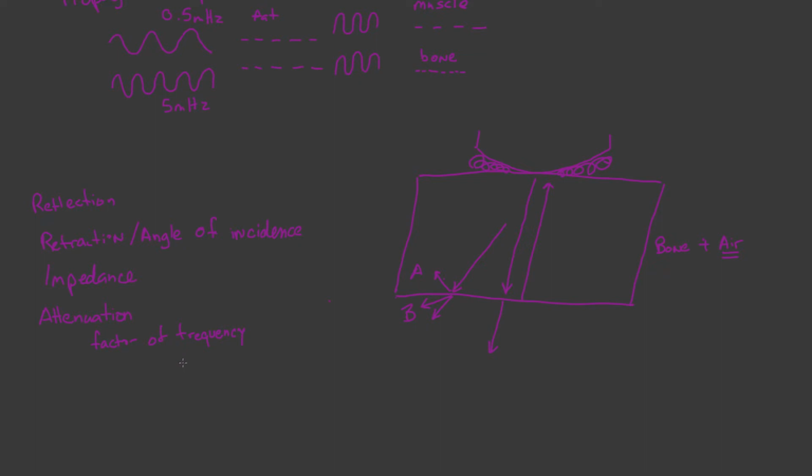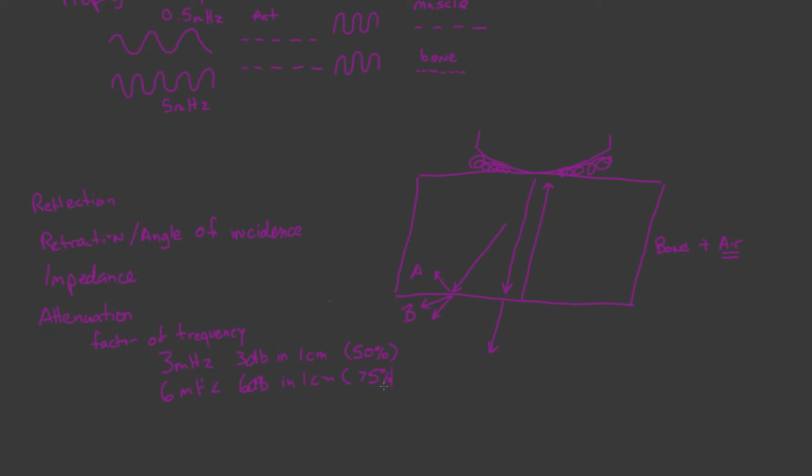So a 3 megahertz probe, or a 3 megahertz signal, will attenuate by roughly 3 decibels in 1 centimeter, which is a loss of about 50%. 6 megahertz, however, will attenuate by 6 decibels in 1 centimeter, which actually is 75%.